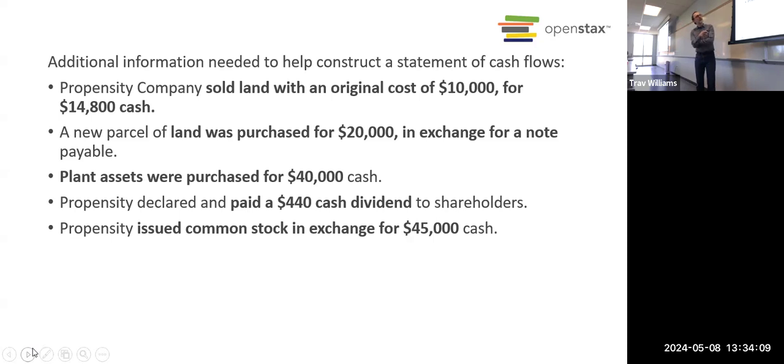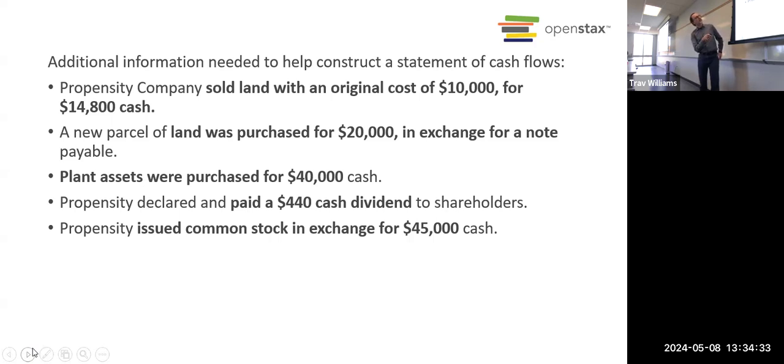Then we bought some other land for $20,000 using a note payable. That's one of those non-cash transactions, right? So it does not factor in to our calculations on the statement of cash flows, but we will list it as a note.